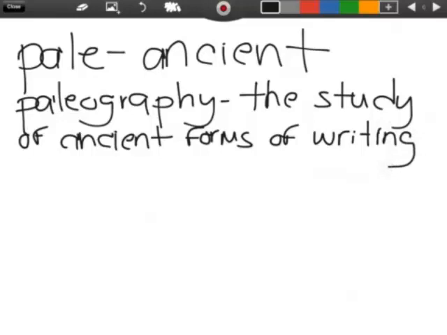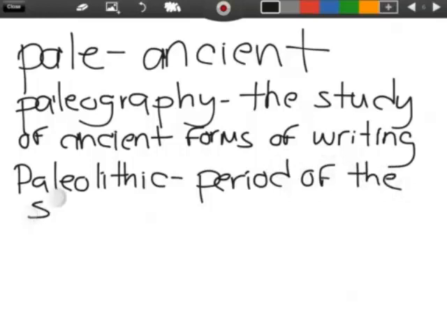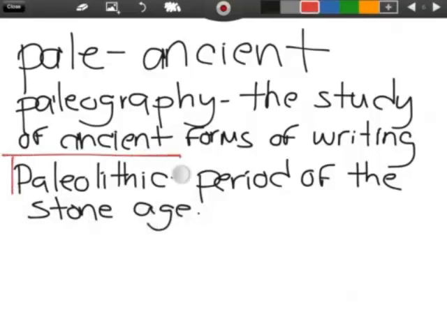I'm going to give you another example, Paleolithic, and that is the period of the Stone Age. I'm going to use Paleolithic in a sentence. I like this word, I don't know why, but it seems pretty amusing.